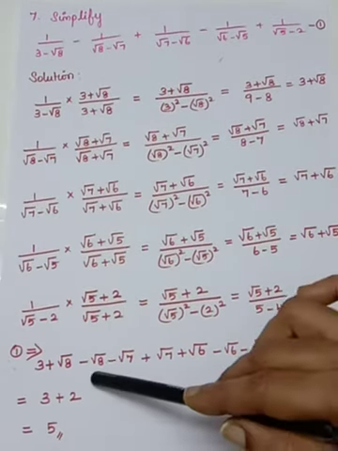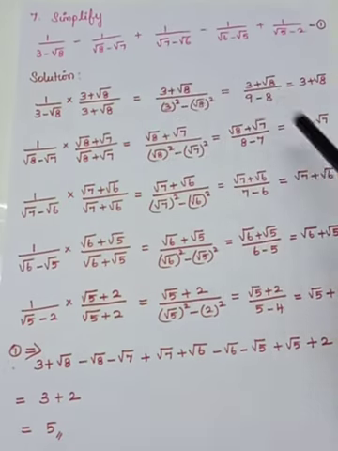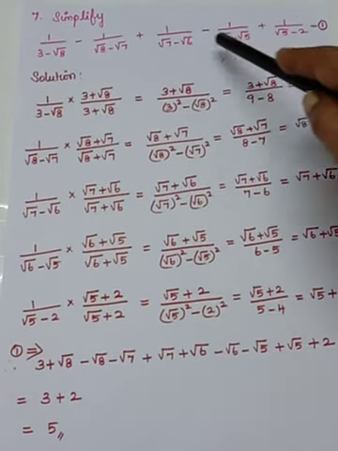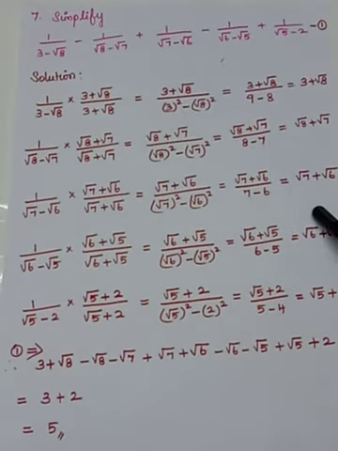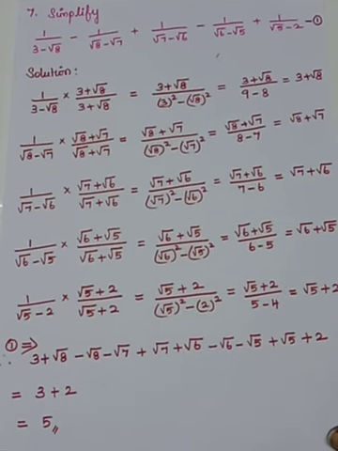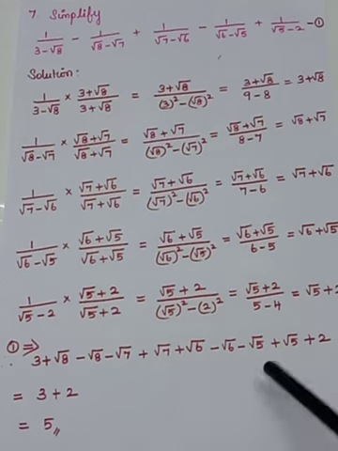So minus root 8 minus 7. Okay, on the third term you are having plus, so you have to write the answer as it is. Okay, coming to the fourth term, here you are having minus, so the fourth term answer has to be multiplied by minus. So your answer is minus root 6 minus root 5.